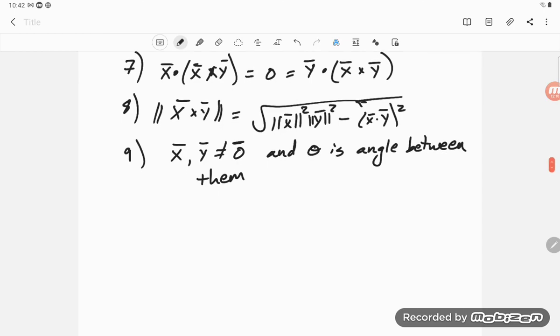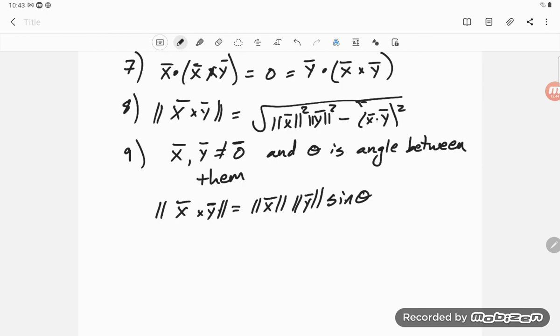Then, just like we have two characterizations of the dot product, we've got a couple characterizations here of the cross product. So we have the one there in 8, but we can also do this as magnitudes, and this is the magnitude of x times the magnitude of y times the sine of theta.